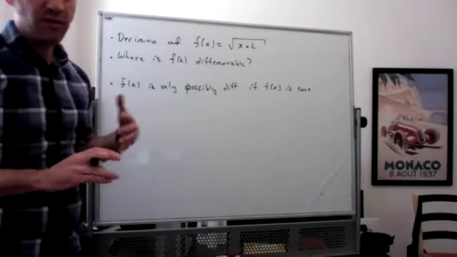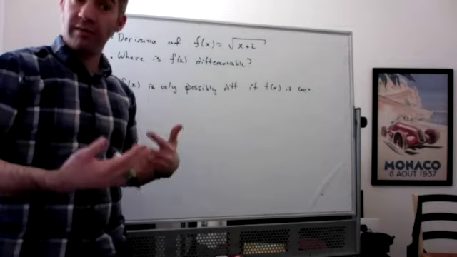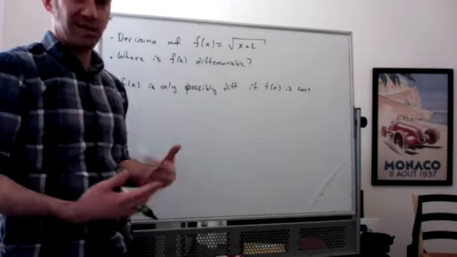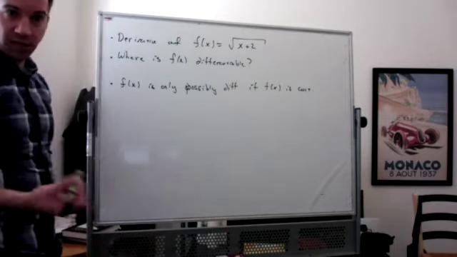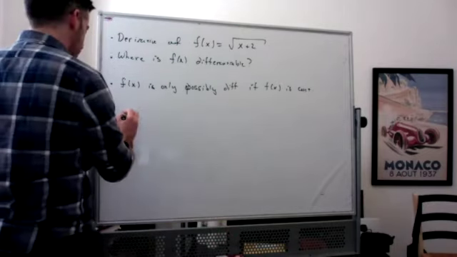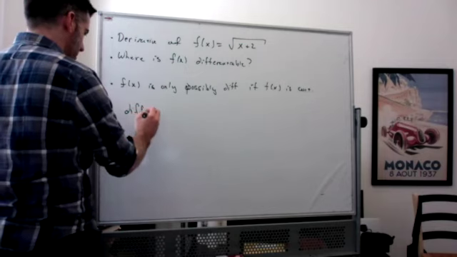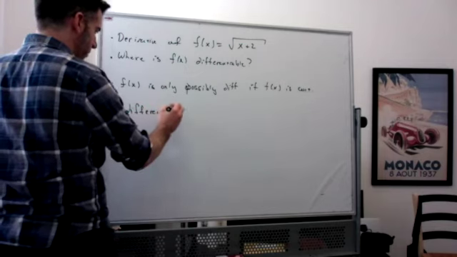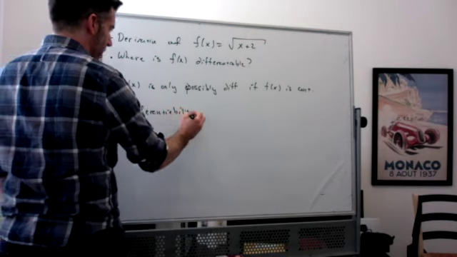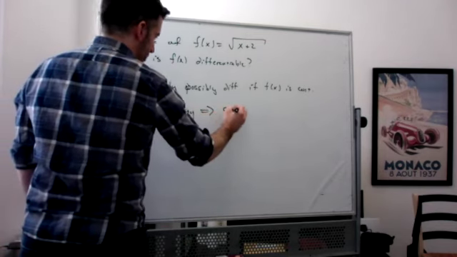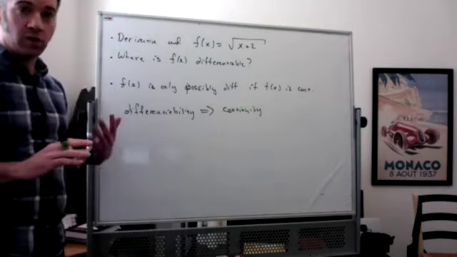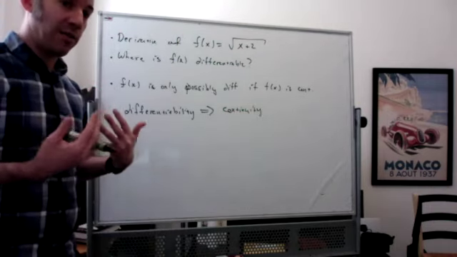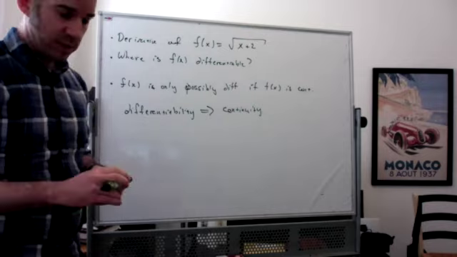So to even have a chance at the derivative existing, the function has to be continuous there. Or as people more succinctly write, differentiability implies continuity. So if you know a function is differentiable somewhere, it automatically had to have been continuous there.